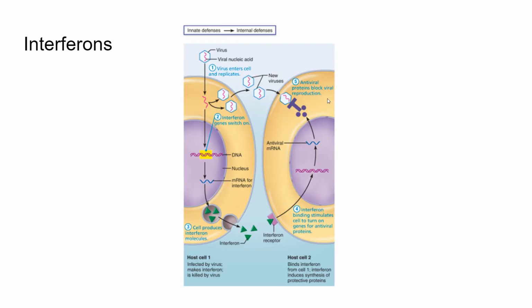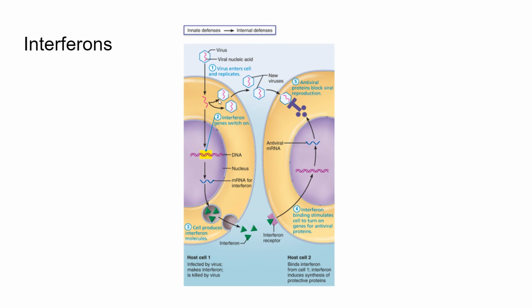All right, next is interferons, and interferons basically have to do with defenses against viruses. Again, these are innate defenses, so it's not dealing with specific viruses, but cells that are infected by viruses release these interferons, and the interferon serves as a warning to other cells.